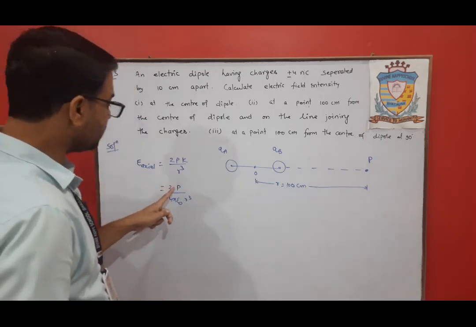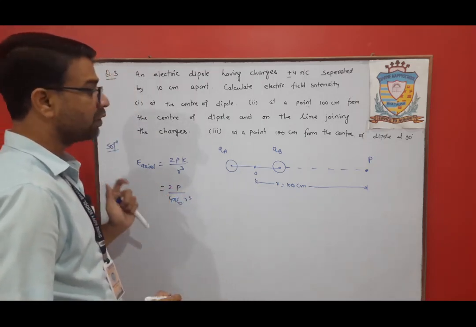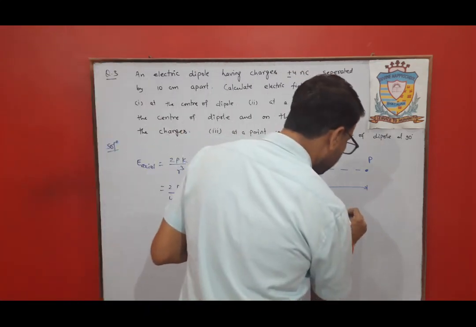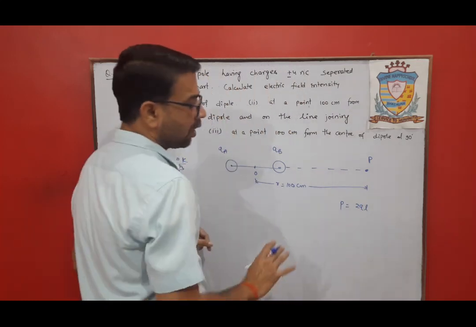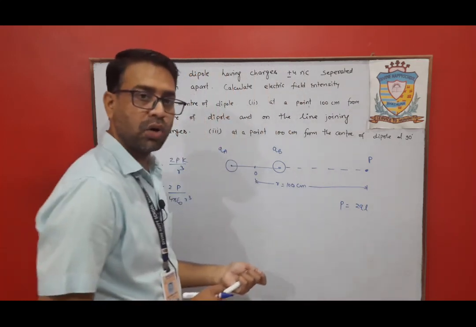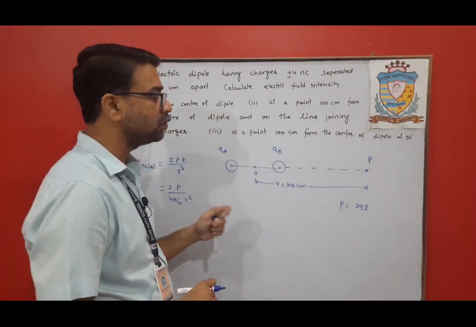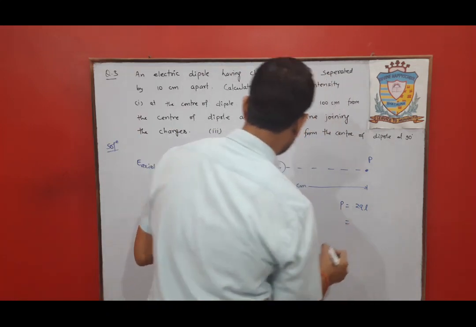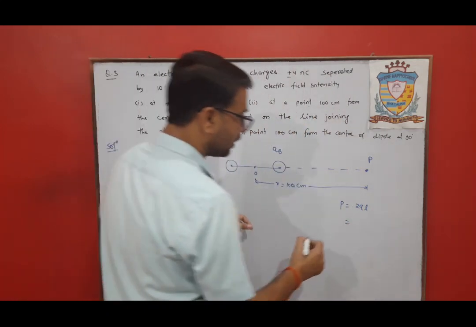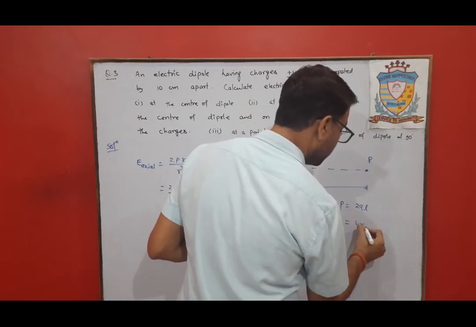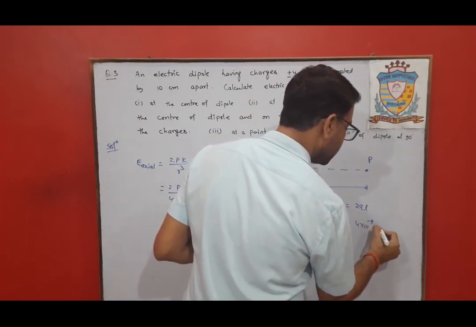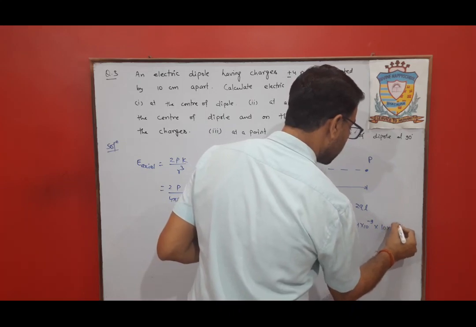Now first we have to calculate the value of P. What is the value of P? That is 2QL, or you can say Q, the magnitude of either charge, times the distance between the two charges. The distance between the two charges is 10 centimeter and the magnitude of either charge is 4 nanocoulomb. So 4 into 10 to the power minus 9 into 10 into 10 to the power minus 2.